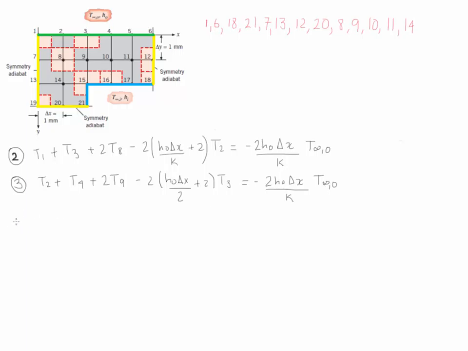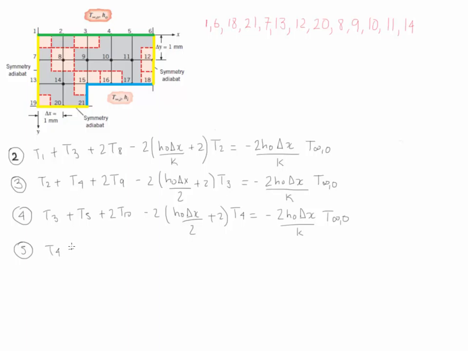The same structure goes for node number 4, and the surrounding nodes are going to be 3, 5, and 10. And the rest of this structure looks pretty much the same. This is T4 minus 2 HO delta X over K T infinity O. For number 5, the surrounding nodes are going to be 4, 6, and 11.